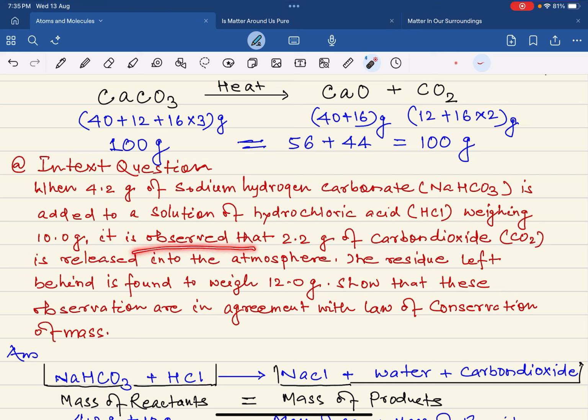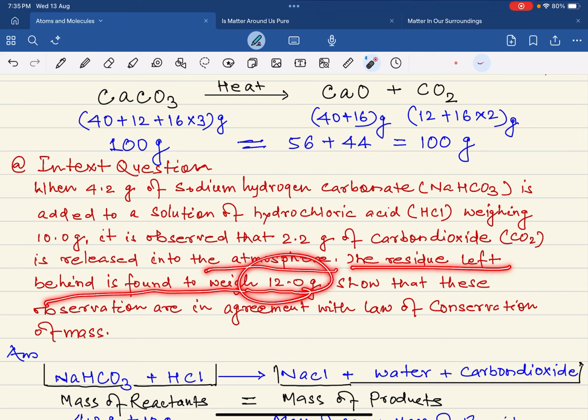It is observed that 2.2 gram of carbon dioxide gas is released into the atmosphere and the residue left behind is found to weigh 12 gram.